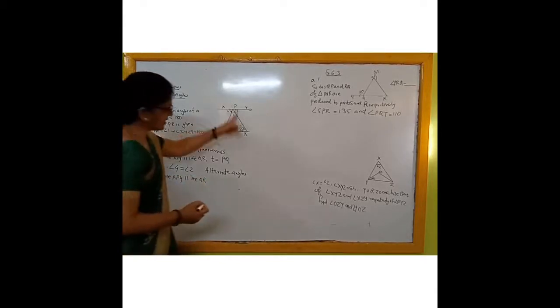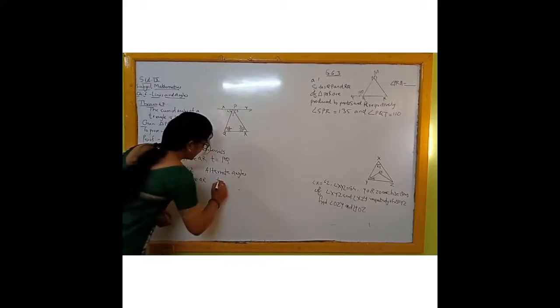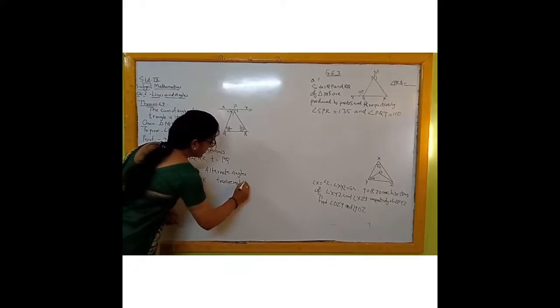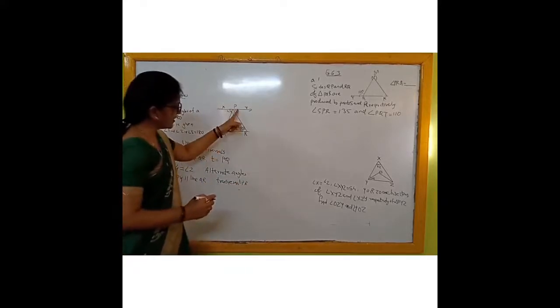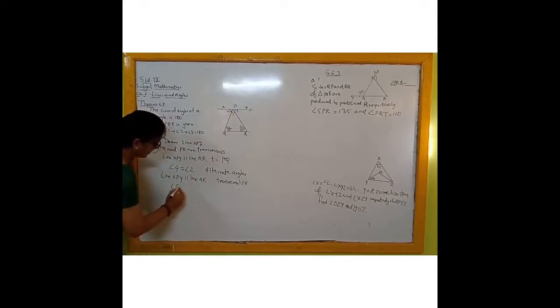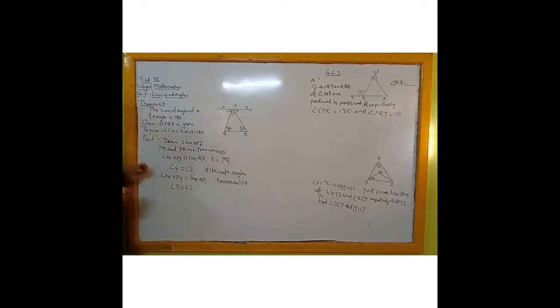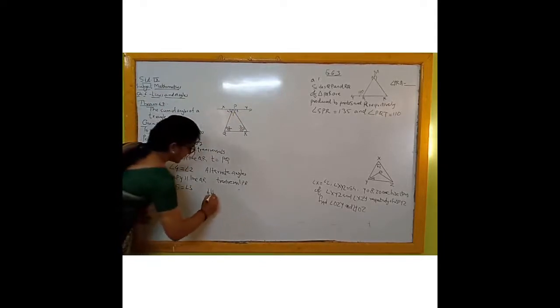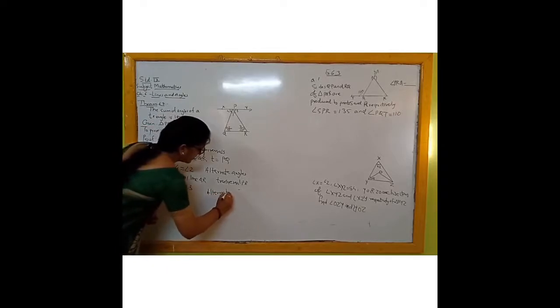Now the transversal is PR. If this is the transversal, in that case angle 5 is equal to angle 3. Now what is the reason? Again alternate angles.